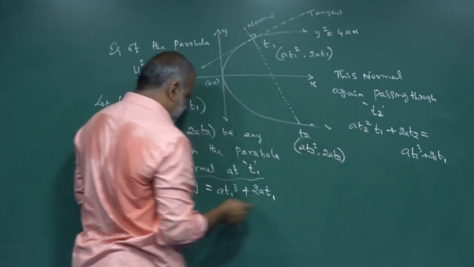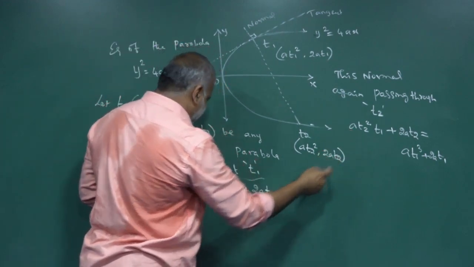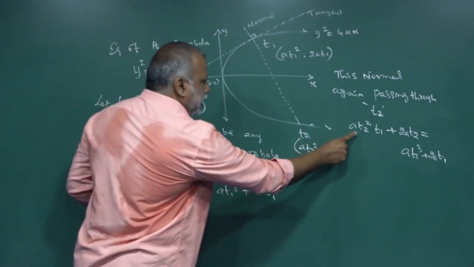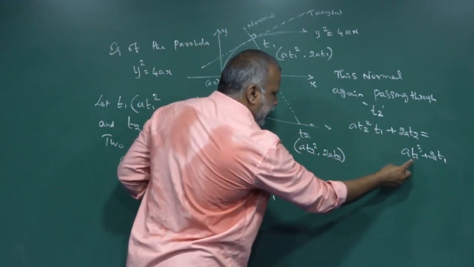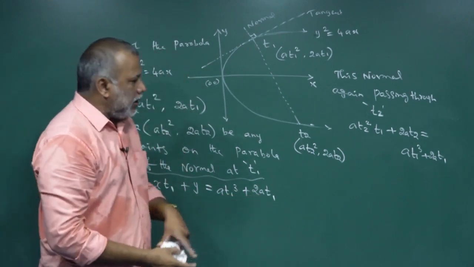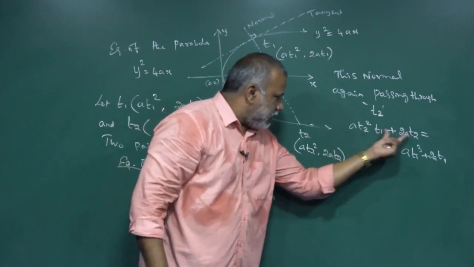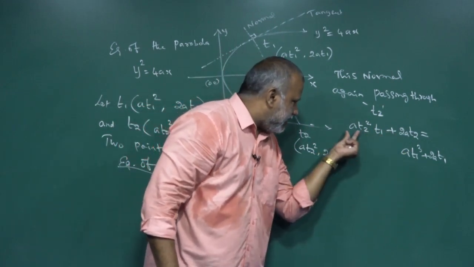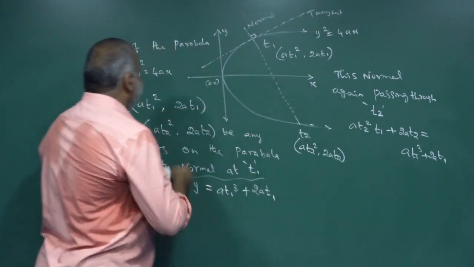That means substitute the point instead of x and y. So we are getting at2 squared t1, plus again 2at2, and on your RHS side at1 cube plus 2at1. Now listen to this equation. All the terms have the letter a.